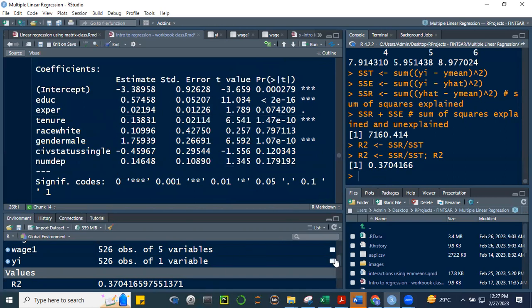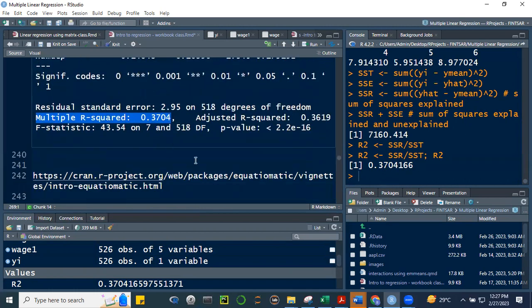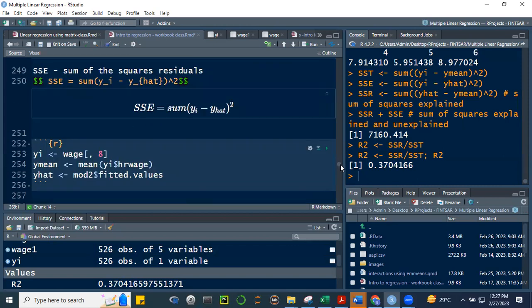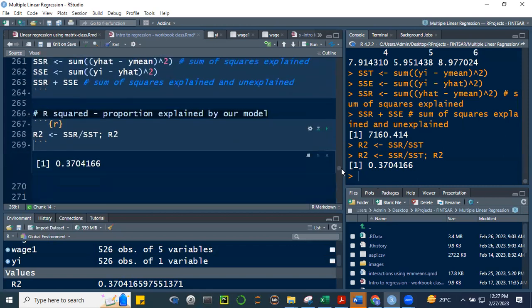Ang mean natin kasi 5.86. And then we modeled hourly wage using these predictors. We would have been able to explain 37% of that. Okay? And we were able to prove that, no? Yung R squared natin is 37.04.